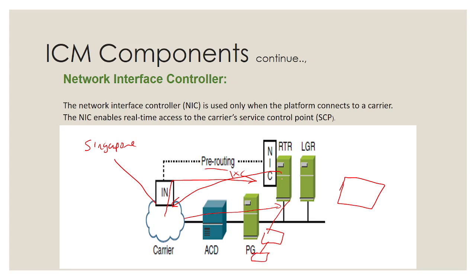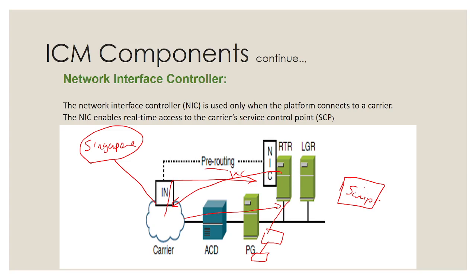The call is not given to the internal application where it can route internally, but the call will be given back to the carrier, and then the carrier decides where to route the call depending on the logic defined in the script. What logic? Suppose the call center is active at this particular time in Singapore. To know that, the call is given to the ICM, and through the logic, it will come to know which agent is available in which call center.